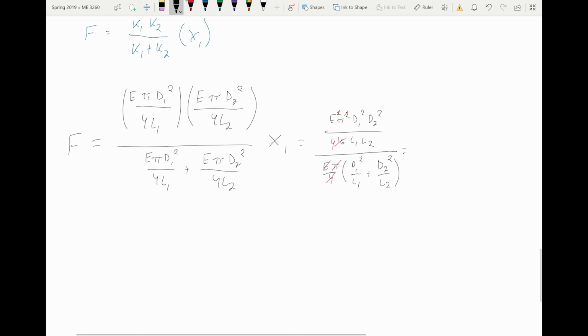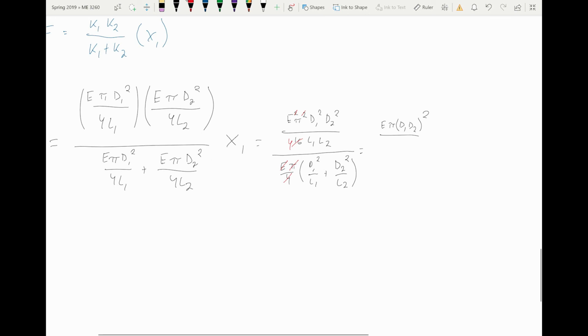And now E pi cancel out, and we can cancel out one of the 4s. And what we're left with is Young's modulus times pi times d1 squared d2 squared. And on the bottom we can multiply L1 and L2 by everything, and you get a little bit of cancellation.